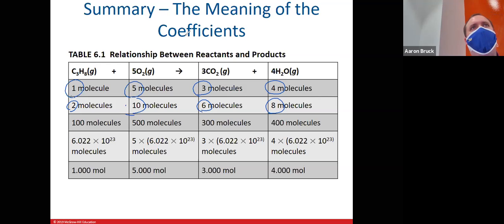If I had a mole, I'd multiply everything by Avogadro's number. If I had 5 moles of one of these, then I would change that ratio accordingly. The ratio is going to be consistent because we're talking about a very strict conservation going on here.